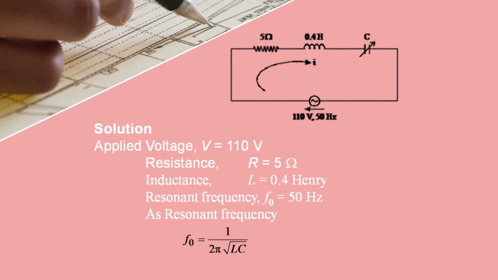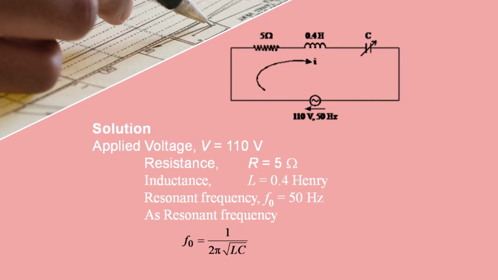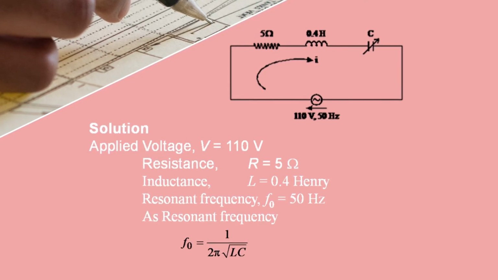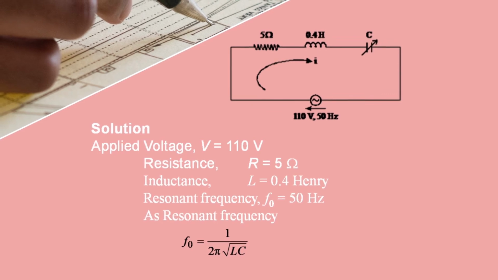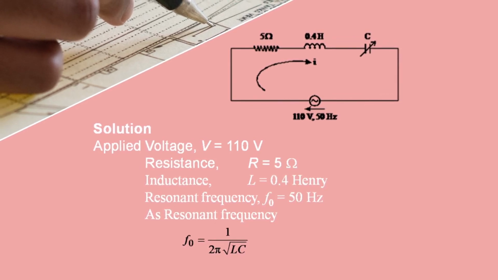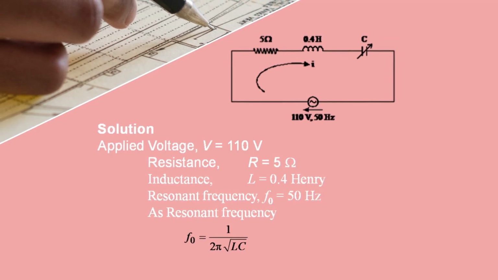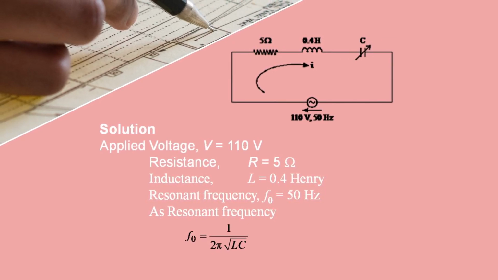As you know, at resonance condition the formula for series resonance is F naught equal to 1 upon 2 pi under root LC, and F naught is already given, that is 50 hertz. You have the value of F naught and the value of inductance, so you can easily calculate the value of capacitance. Now put these two values in this expression, F naught is equal to 1 upon 2 pi under root LC.